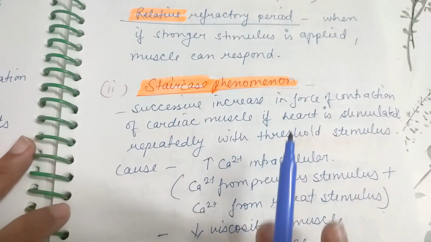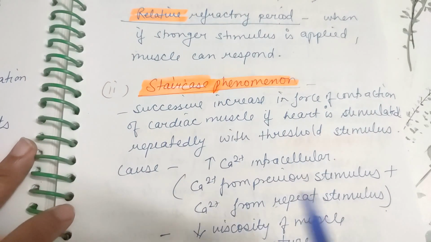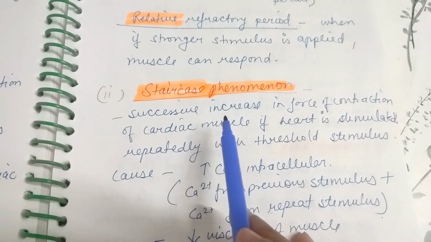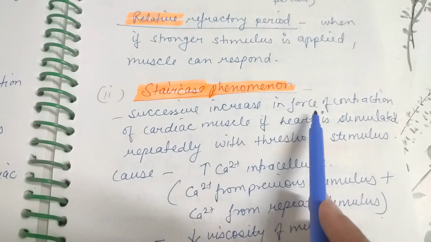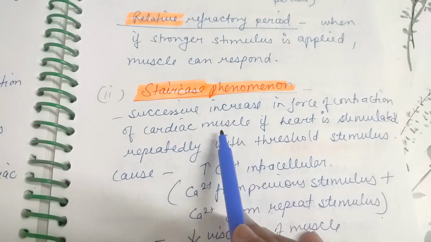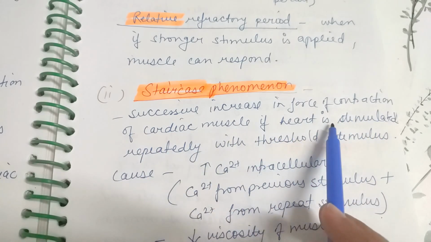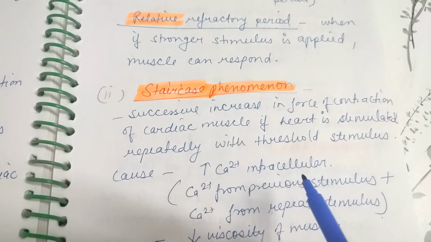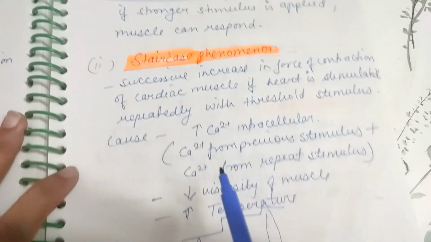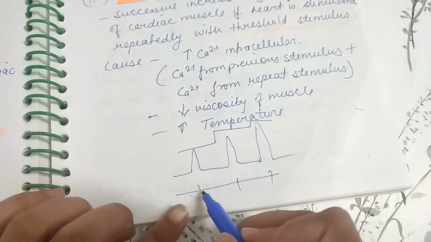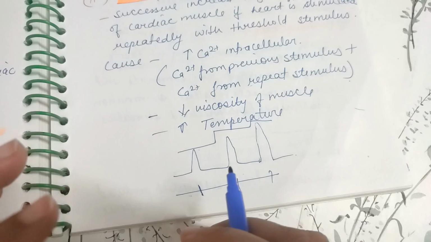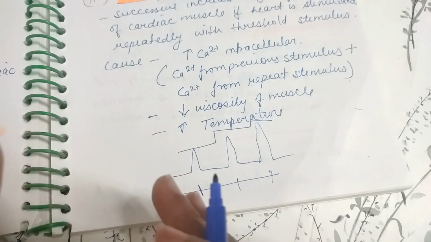Coming to the next mechanical property of cardiac muscle, the staircase phenomenon. The staircase phenomenon is a successive increase in the force of contraction of cardiac muscle if the heart is stimulated repeatedly with a threshold stimulus. Here the stimulus strength should be threshold, because below threshold the muscle is not responsive.